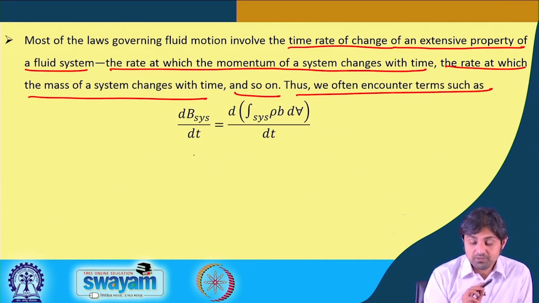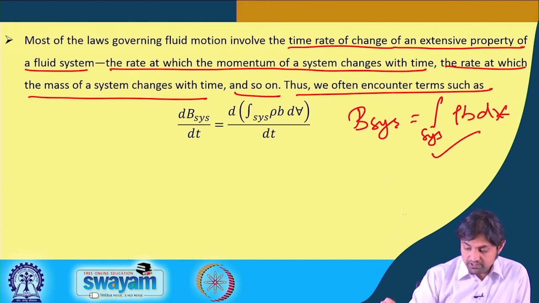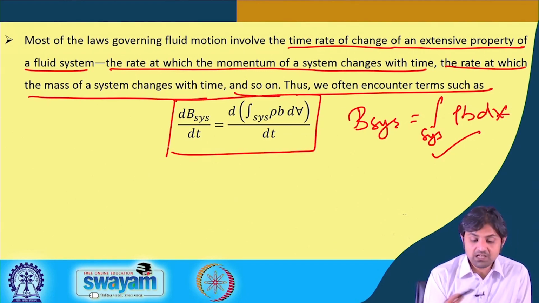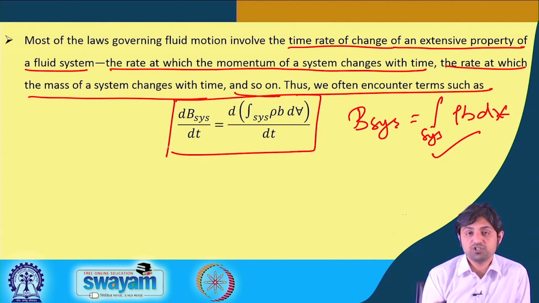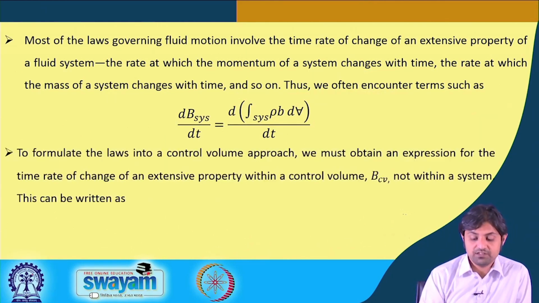So, not only is B system important, which was the integral over the system of rho b dV, but the derivative of B sys is also important, because many times we require the rate of change of mass or rate of change of momentum. So, it is important to know these derivatives.